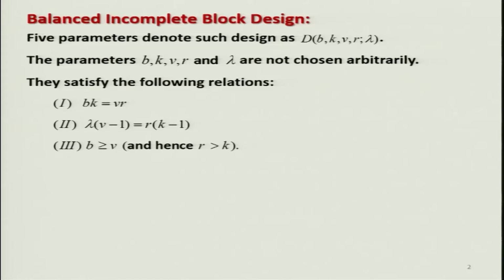So first we try to see what the three properties were which were considered in the last lecture. You can recall that the balanced incomplete block design is indicated by the 5 parameters b, k, v, r and lambda, and these parameters are not chosen arbitrarily, but they have to satisfy these three conditions: bk is equal to vr, lambda into v minus 1 is equal to r times k minus 1, and b is greater than or equal to v.